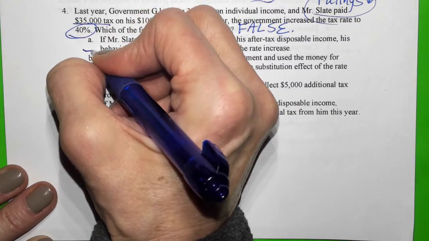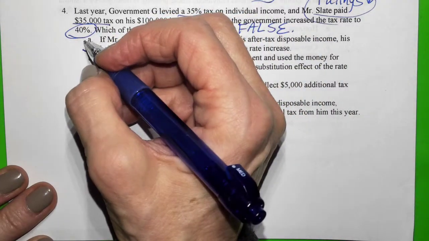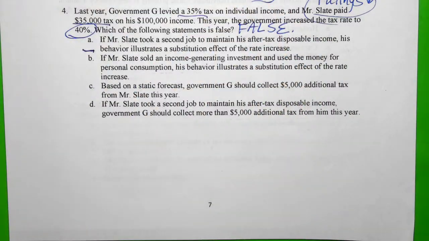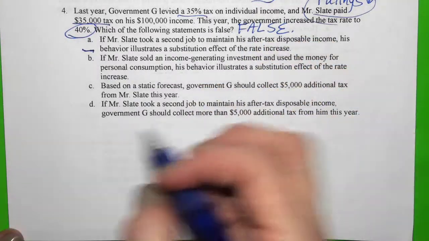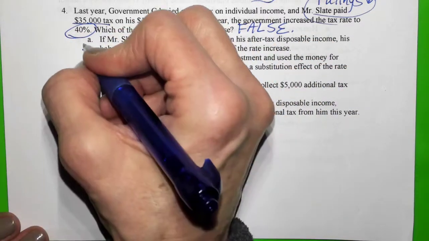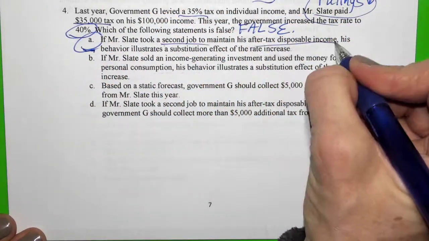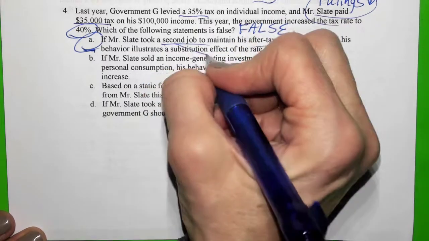So the false answer is what I'm looking for. If he took a second job to maintain his disposable income, this is not the substitution effect.